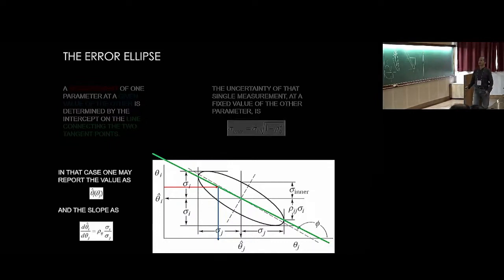And so in that case, we may report the value of one estimator at the value of the other, and the slope between the two is basically this, given by this ratio of variances. Okay, so this is the case for two variables, and you see that it's already pretty complex.